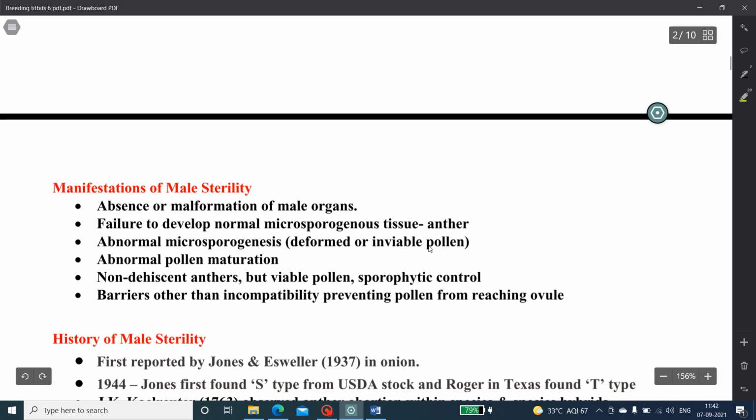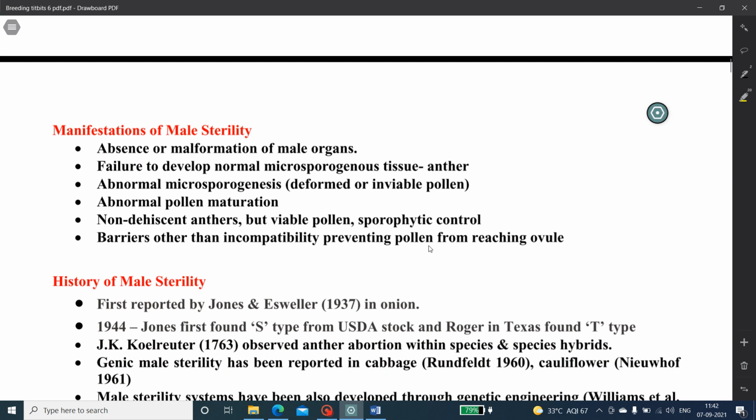If you look at the manifestations of male sterility, there are different mechanisms involved. The first one is absence or malformation of male organs. The second is a failure to develop normal sporogenous tissue, that is, the anther development.